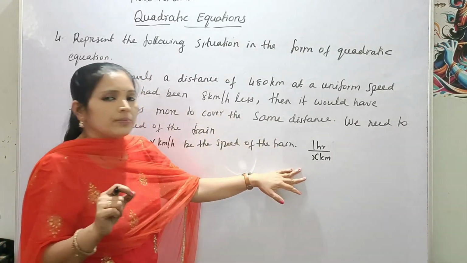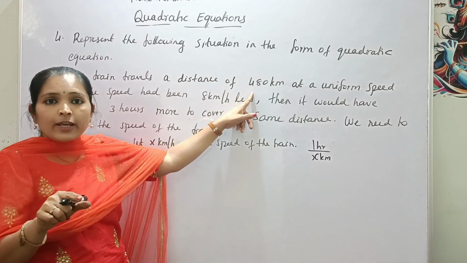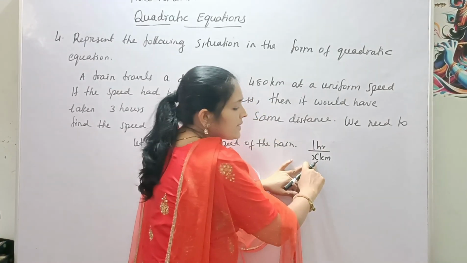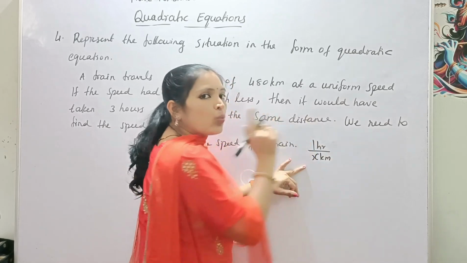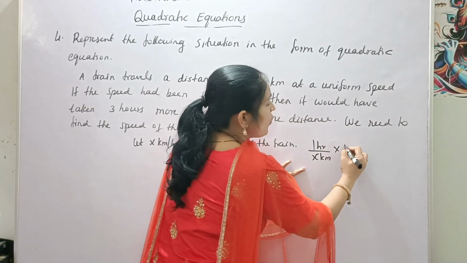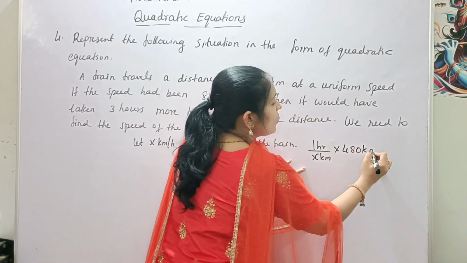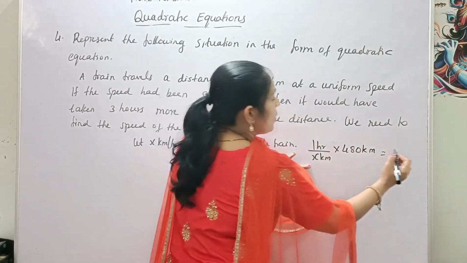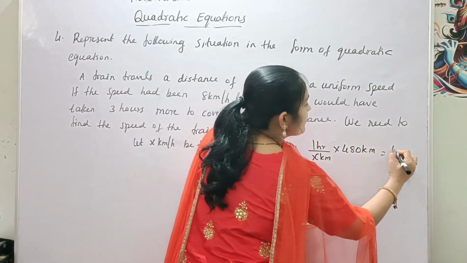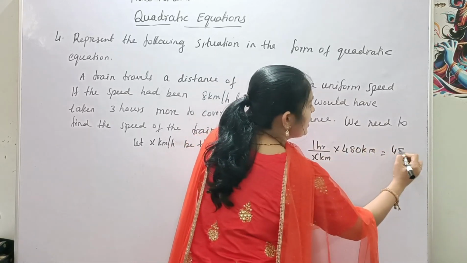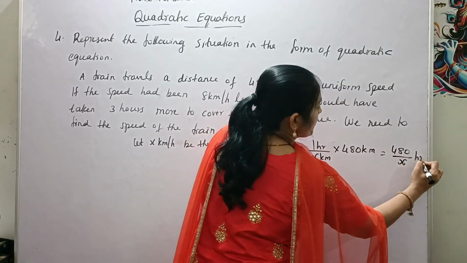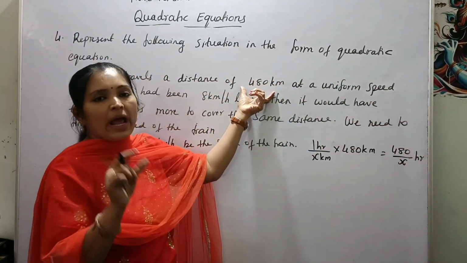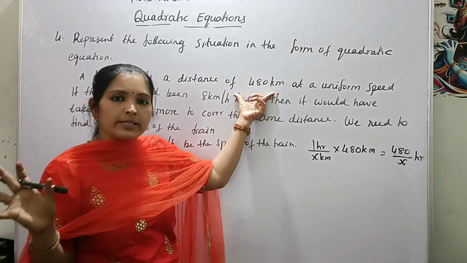Then for 480 kilometer, what is the time it will take? 480 divided by x hours. So this much time it will take to travel 480 kilometer.